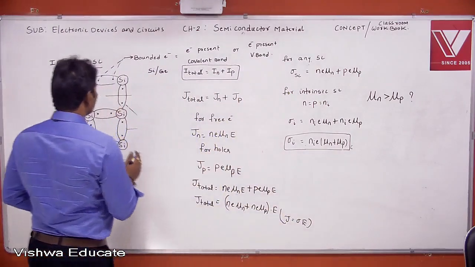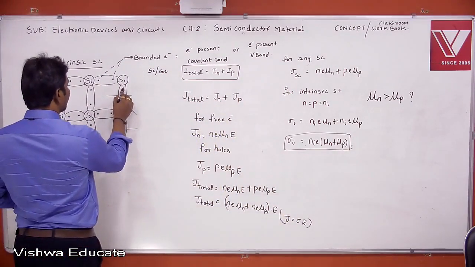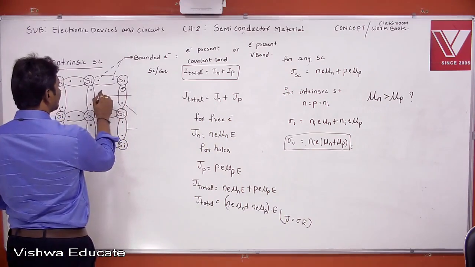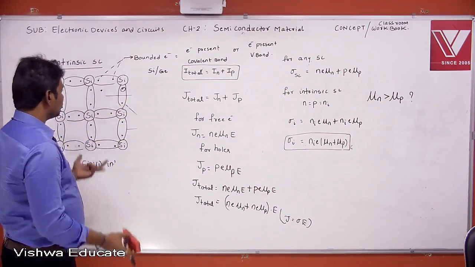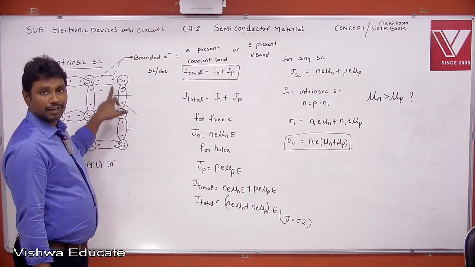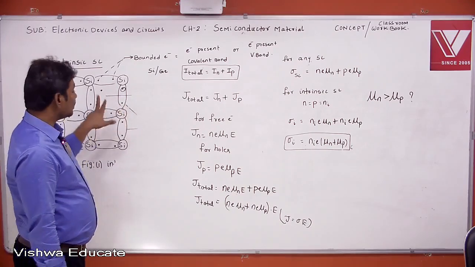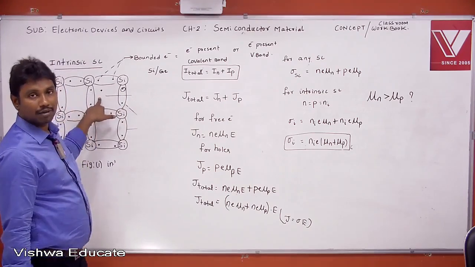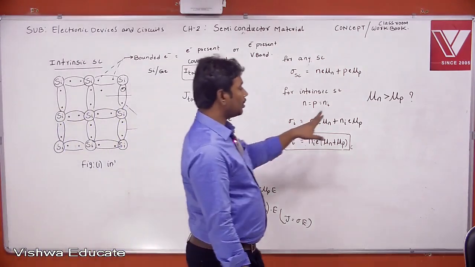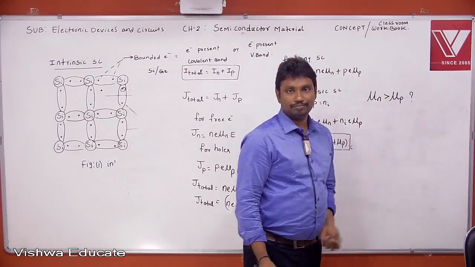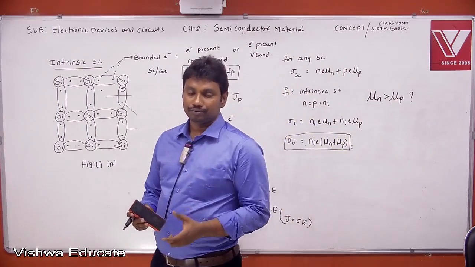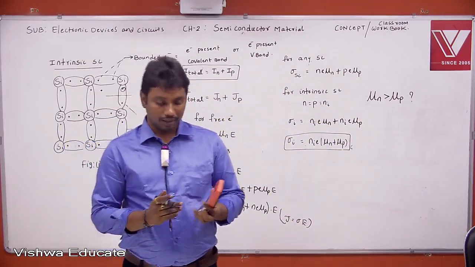The whole current is due to bounded electrons. But this bounded electron cannot move like a free electron, because the free electron moves in interatomic space, while the bound electron moves in a covalent bond. Which one moves freely? The free electron. That's why mobility of electron is greater than mobility of hole. Very important.